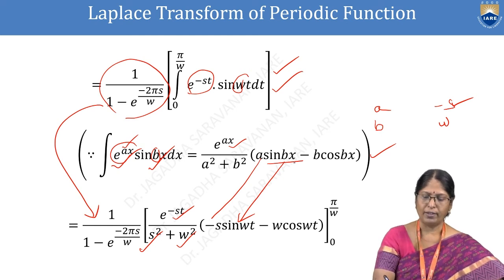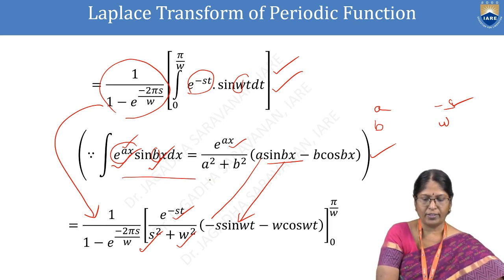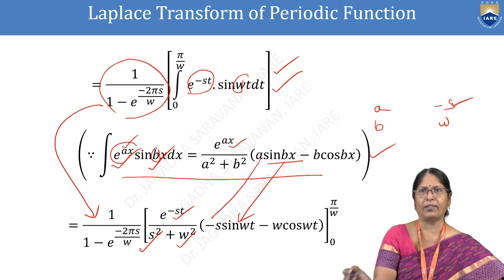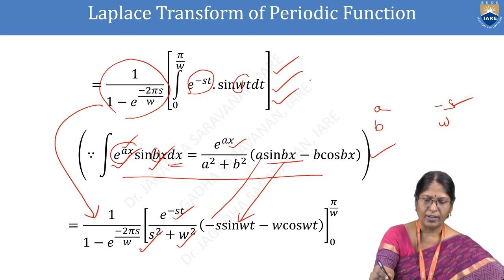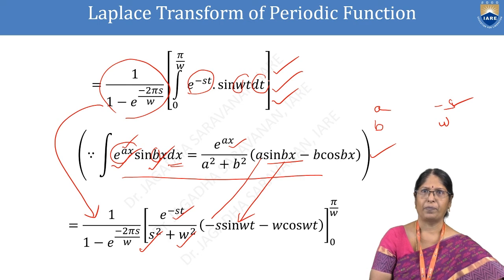In the formula, bx is there, but here t is there. If you are noticing each and every step, mathematics is very important. Here we are doing the formula integration with respect to x, that is the reason dx is there, whereas here integration is with respect to t, that is the reason dt is there.